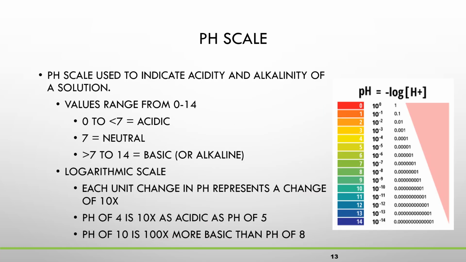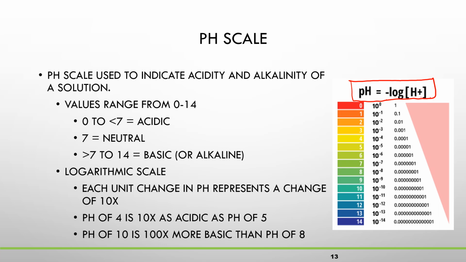One of the things that's particularly confusing about pH is that pH is a measure of the concentration of hydrogen ions, but it's called a negative log scale. What that means is, when you're dealing with very small numbers, a log is a way of converting them into another number.